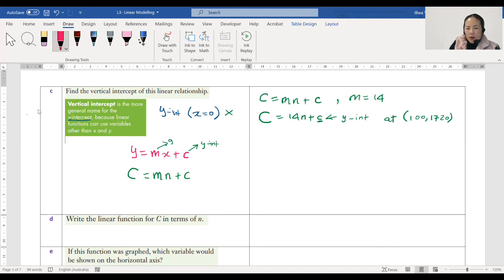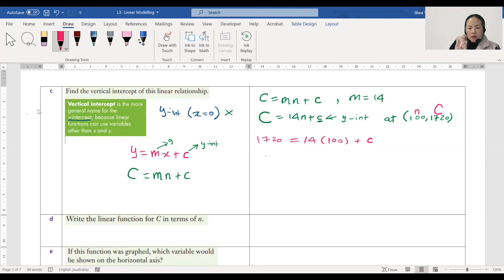So that was my x, which is my n, and this is my y, which is big C. Okay, so big C is 1,720 equals 14 times 100 plus little c. I'm going to move c onto my left hand side because I like everything with a pronumeral on the left hand side.